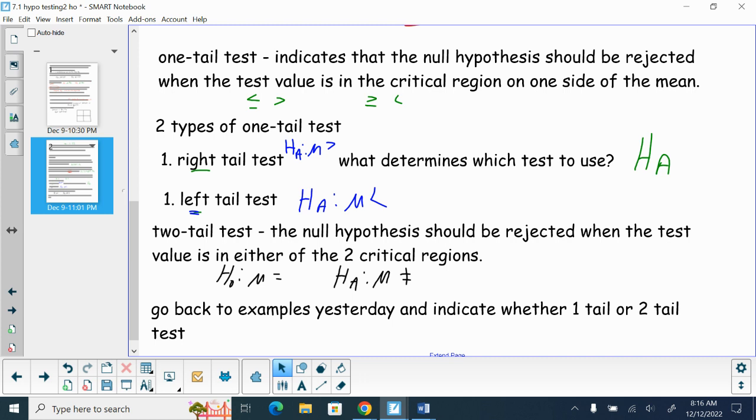Now, if we look at the next two rows below the confidence interval, the next two rows on the T-table.